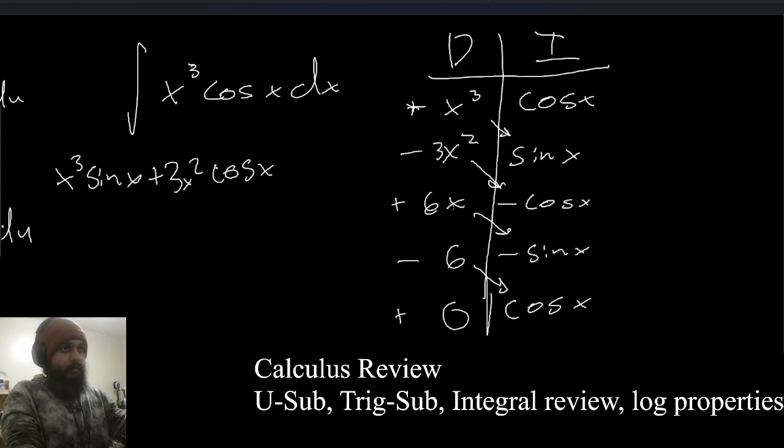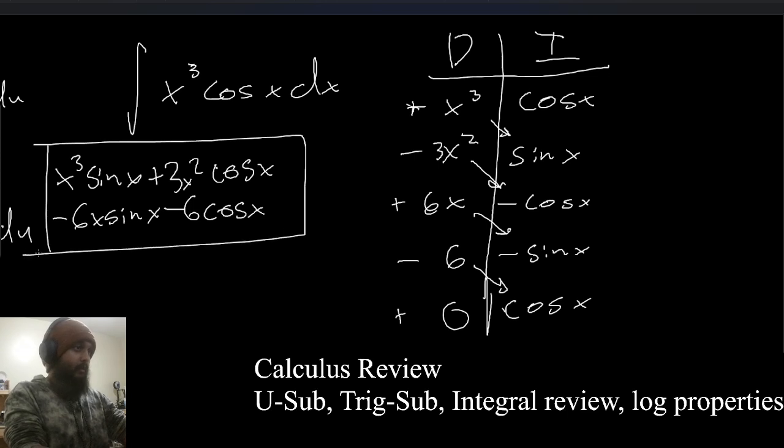And then 6x times negative sine of x is negative 6x sine x, and then negative 6 cosine of x. Plus c.